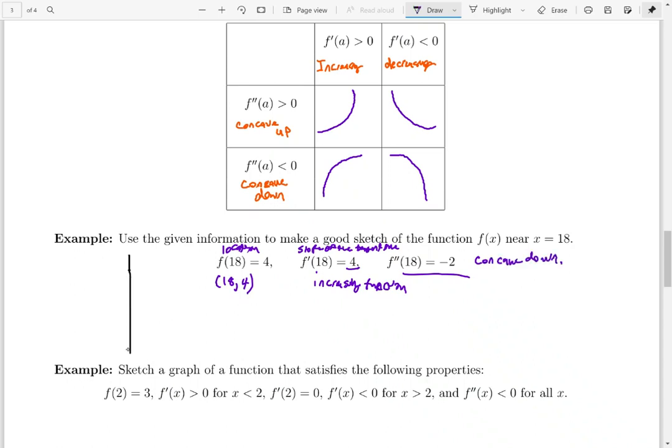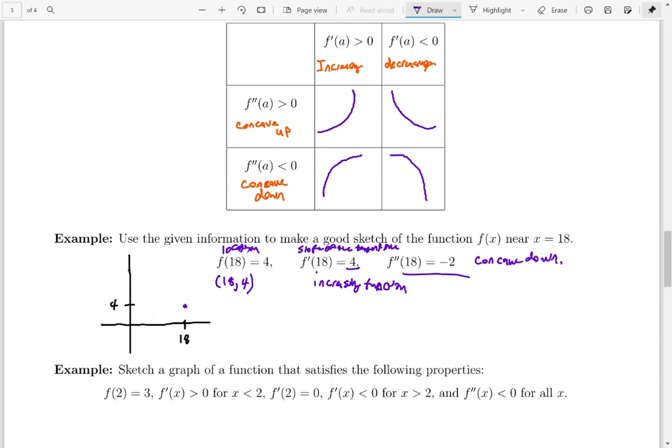Thus, I can sketch this function, but realize the sketch is just that. It's going to be a sketch where we're limited. Specifically, we can only get really close to that point 18 and know that we're actually accurate. Since I know that (18, 4) is a value on the graph, that point must show up on the graph. Then what else did we say? We said that the slope of the tangent line at that point is positive 4.